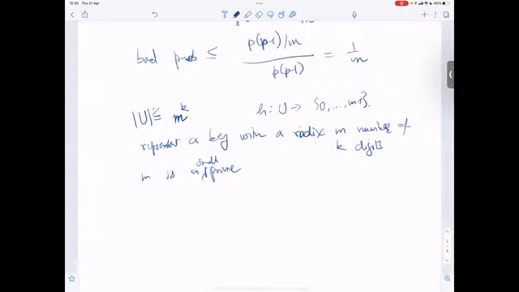Even this should work, I think. So am I making sense? Till now, is it clear what I'm saying?